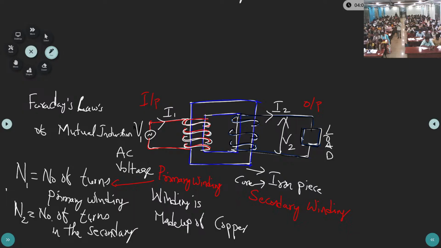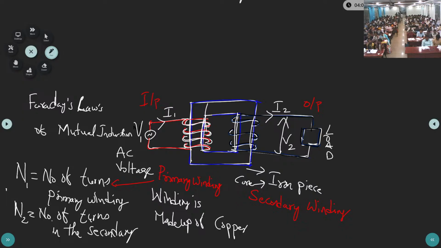This is about the construction of the transformer. Only two parts: one is the core, the other is the windings. Windings are always wound around the limb. This straight part is called the limb, and there are two limbs.